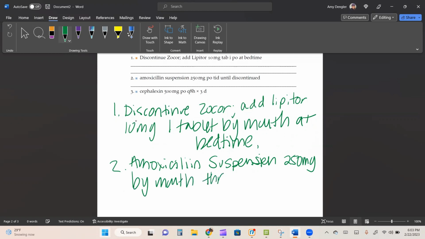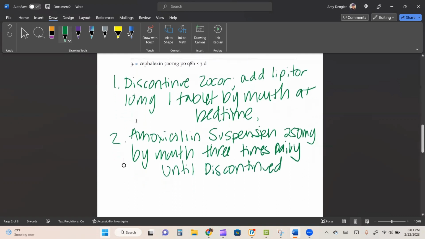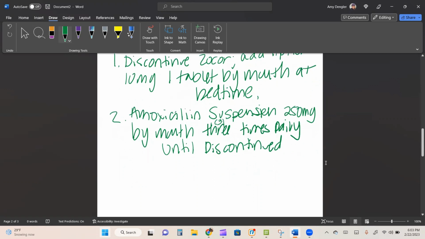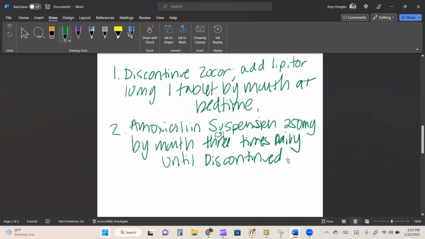TID is 3 times daily until discontinued. And I think the book will have you writing numbers instead of spelling them out like here, so probably should say 3, with the number 3 not spelled out.